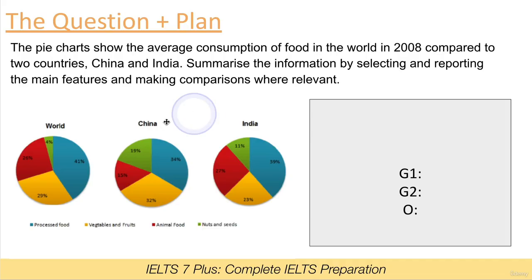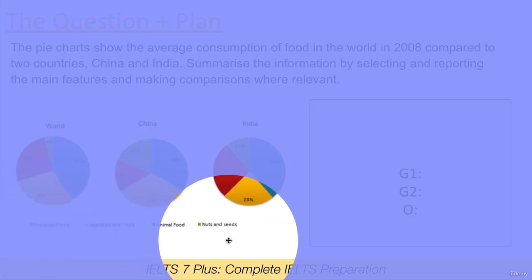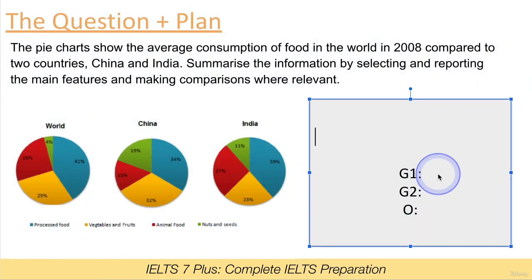So there's a few ways which we could do this. We've obviously got 3 pie charts here. We could group 2 together and do 1 on its own. For this one, I quite like even numbers, so I might group together the variables down here. So I might do the 2 highest ones, which would be, let's do a space. We'll just note this down in our plan. Processed food, and let's do vegetables and fruit.